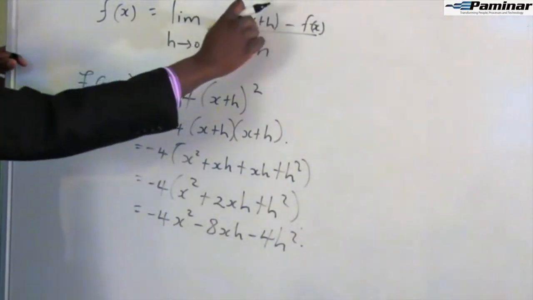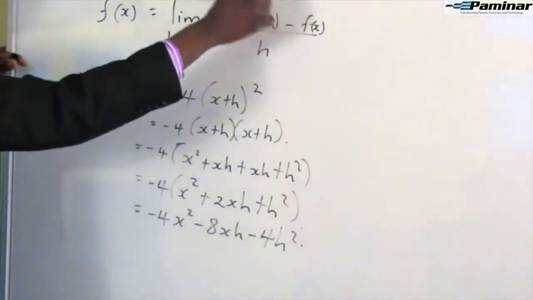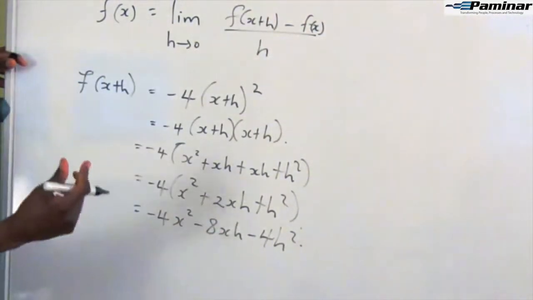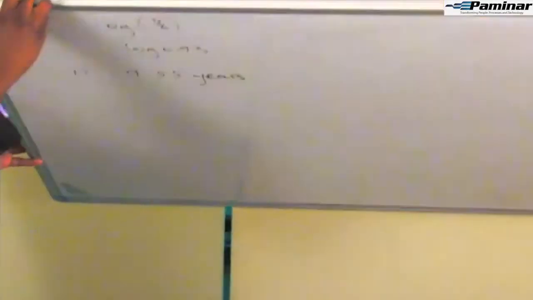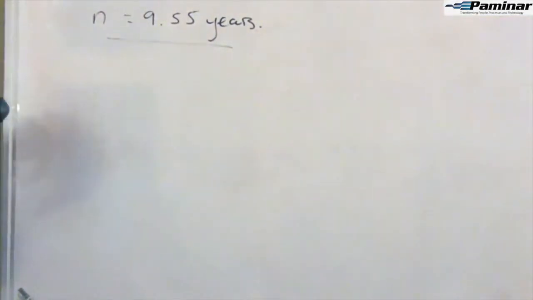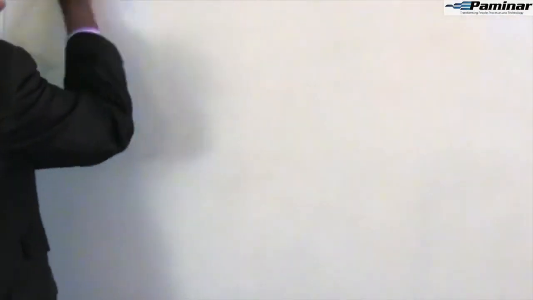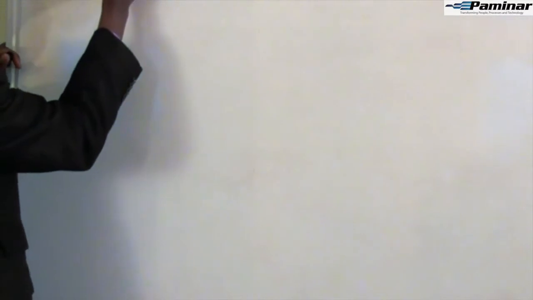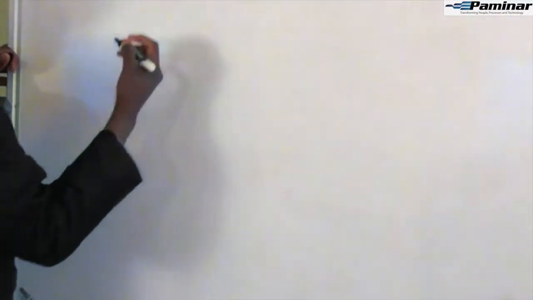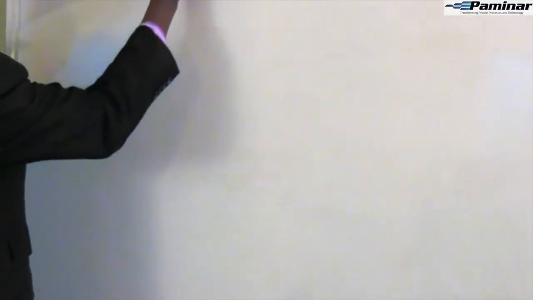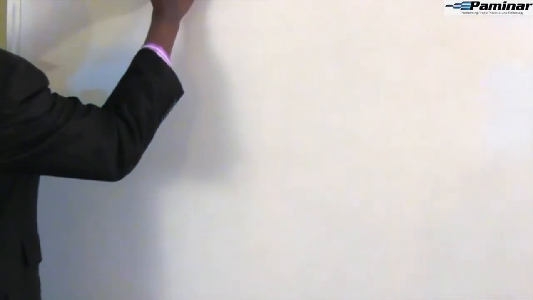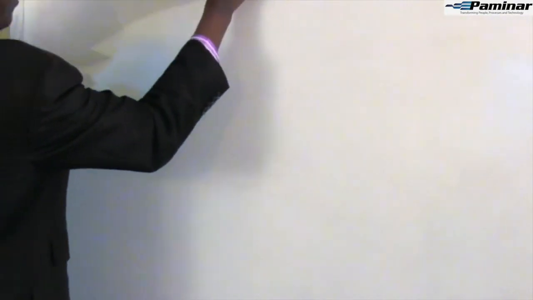Now let's input it here, and then f of x is given there, and then we divide everything by h. Remember, the first derivative is the limit as h approaches 0. Now what do we have?